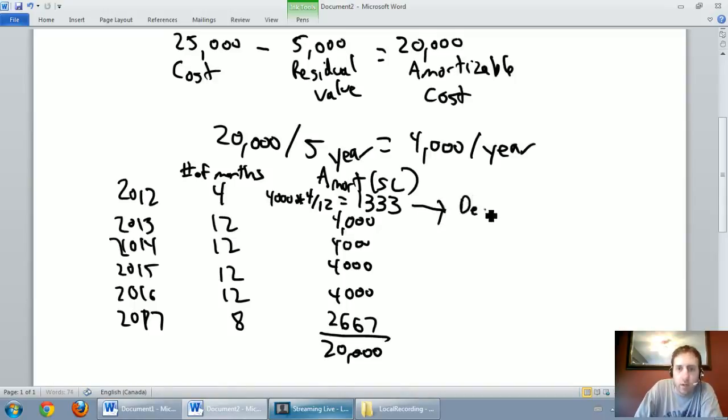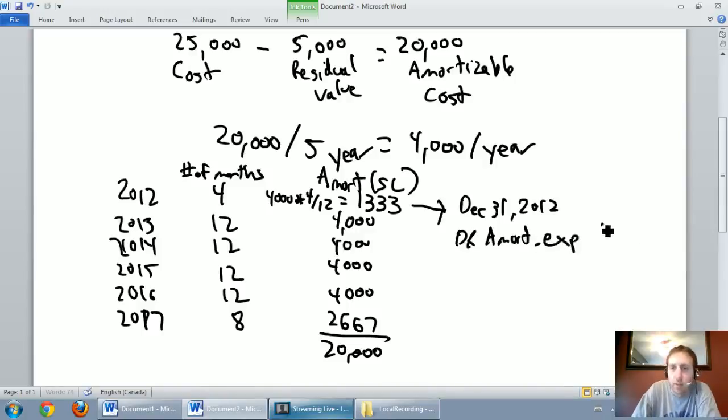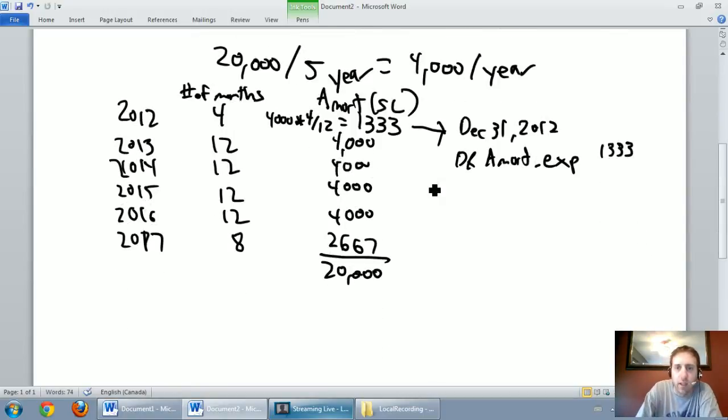So on December 31st, 2012, my fiscal year end, I'm going to debit amortization expense, I'll just abbreviate here as amort expense, for $1333, and I'm going to credit accumulated amortization.